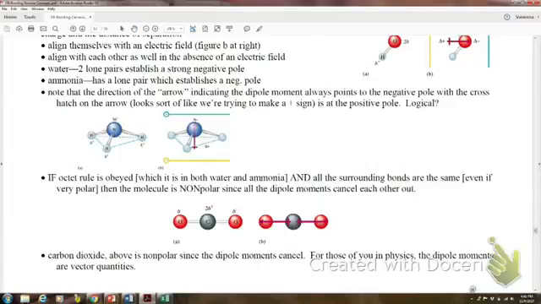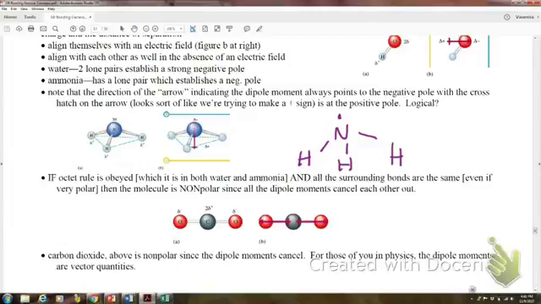So if we look at this one here, I'm going to draw this out separately, so we're going to draw this NH3, okay? And we know by looking at this NH3 that they're not going to share equally. And we know that the hydrogens are slightly positive.